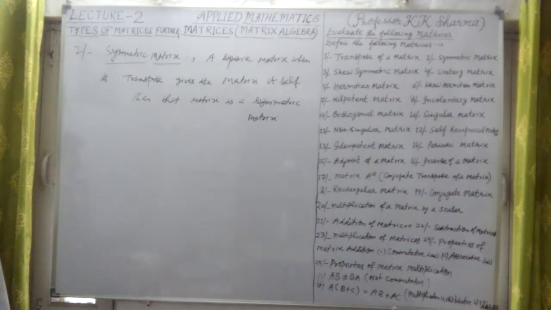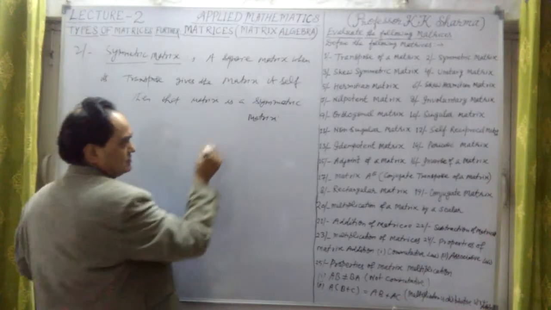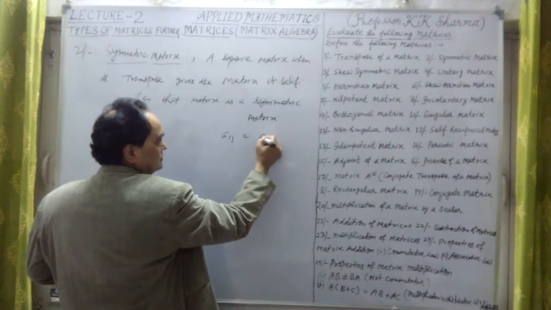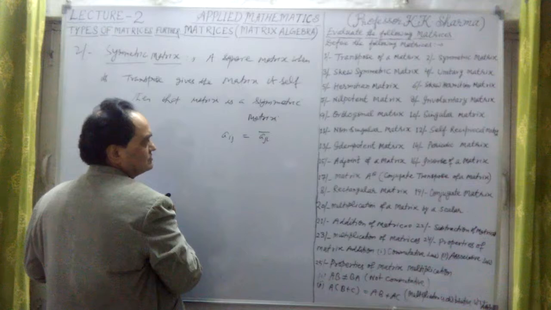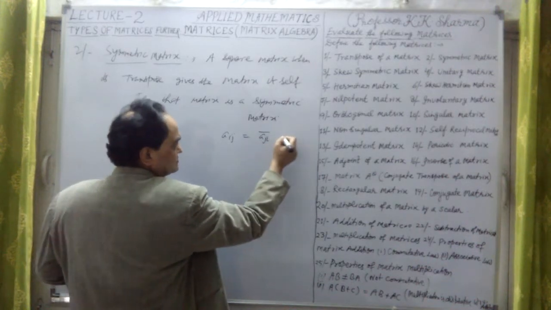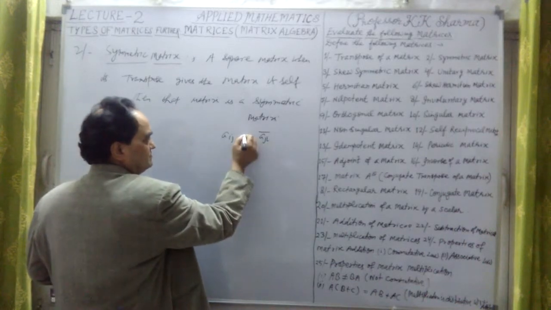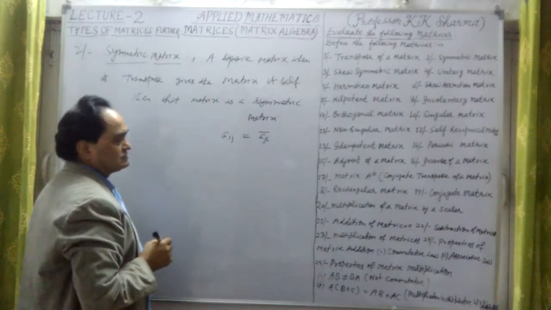If Aij is equal to Aji, or A transpose equal to A, and I transpose this matrix and it gives us Aij only, then that is known as a symmetric matrix.